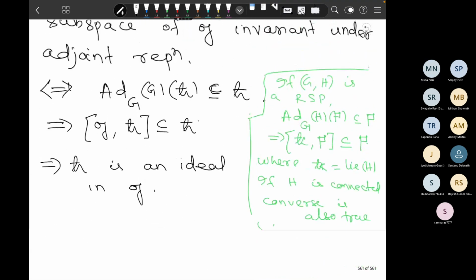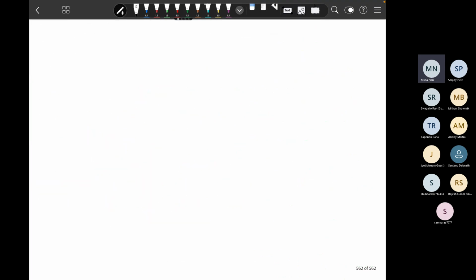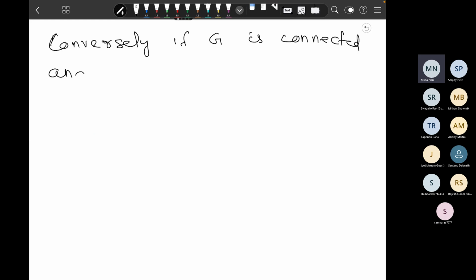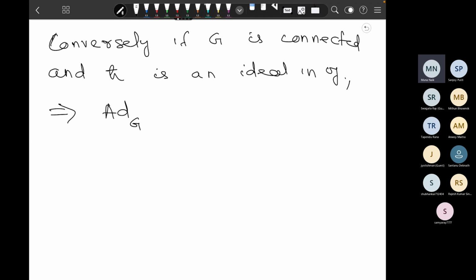So conversely, if G is connected and h is an ideal in g, that will imply that Ad_G(G) of h is contained inside h.